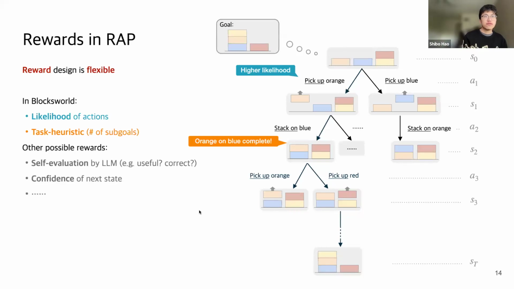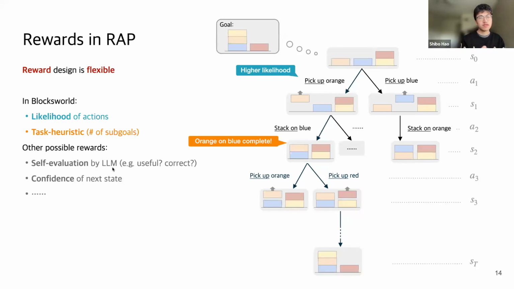There can also be other options, and I believe this one is very useful and general. This is self-evaluation by the large language model. Given the current state and a potential action, we directly prompt the language model to evaluate the action, like whether it's good, whether it's useful, whether it's correct.